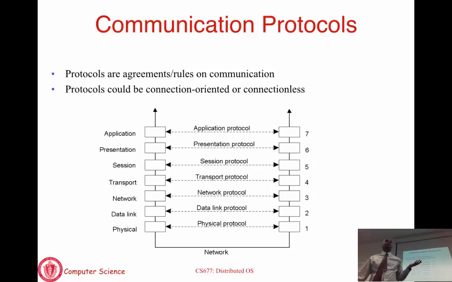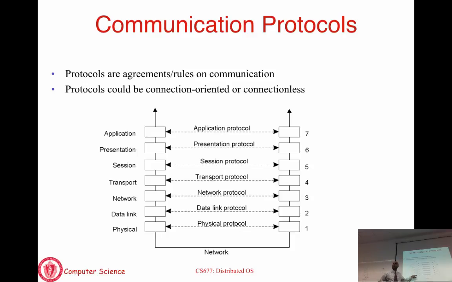This could be HTTP, which is an application-level protocol. A web server and a web browser communicate using the HTTP protocol. If you have email, that's the SMTP protocol, simple mail transfer protocol. In this case, the mail client and the mail server are the two applications. They use SMTP, which describes how a message has to be constructed, what the headers are, what format it has, and you send it off. Those are application-level protocols.